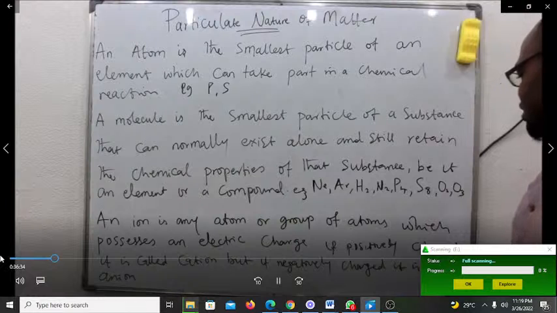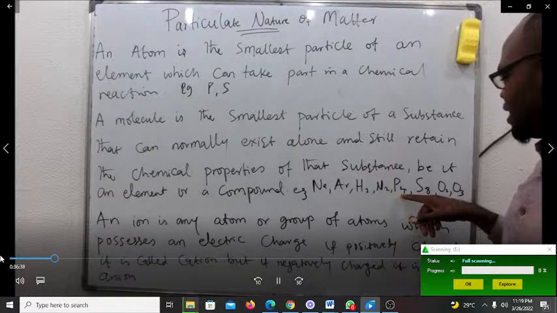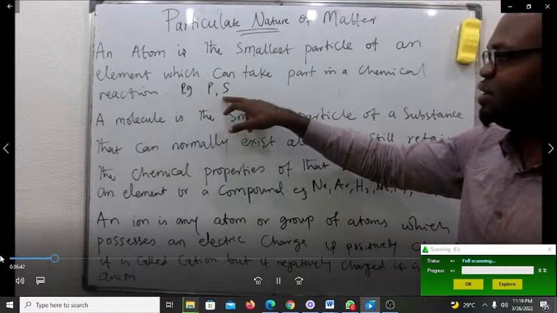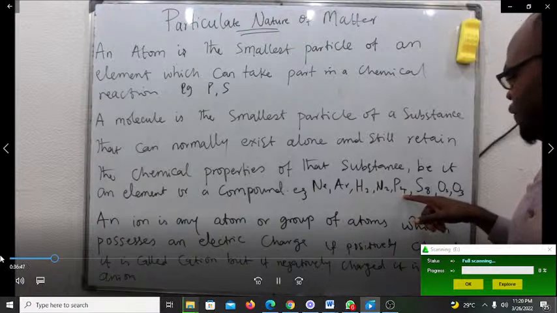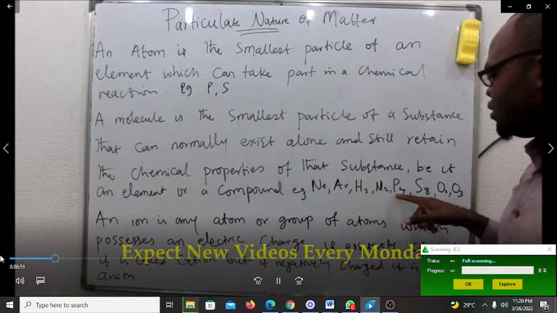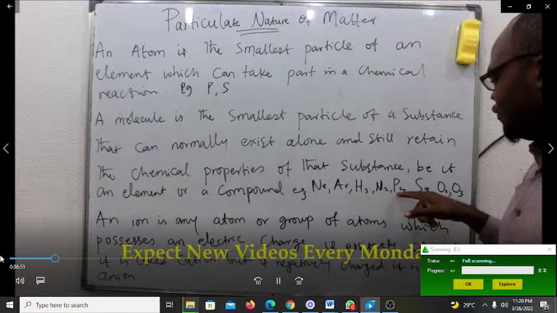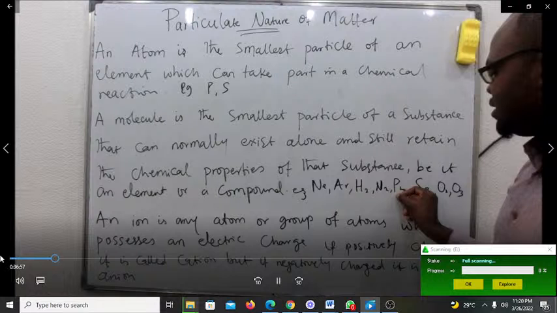But now, phosphorus does not stay alone; it will be in the presence of other atoms. So you have this P4. This is 4 atoms. It has an atomicity of 4. 4 atoms of phosphorus that are together can exist alone. We call it a molecule.